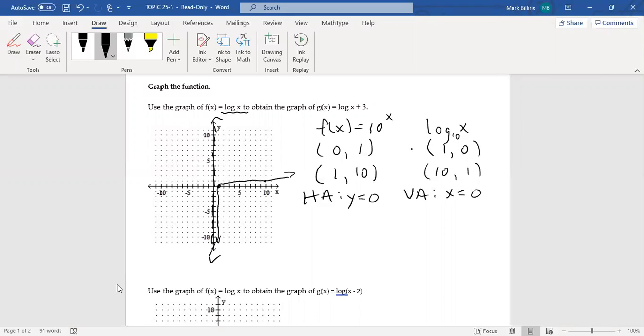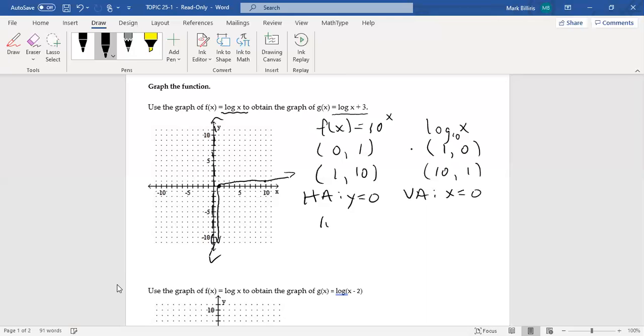Okay, so now let's graph the log of x plus 3. Let's go back to the concept of transformations. So what does this do? We're not adding x and 3. We're adding 3 to log of x. So here's the difference.